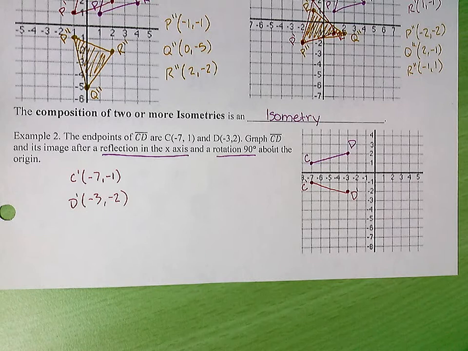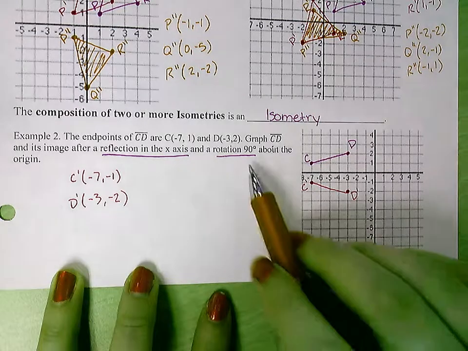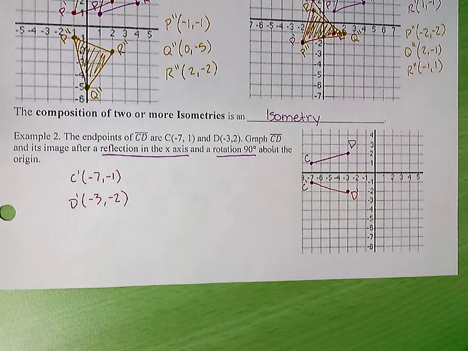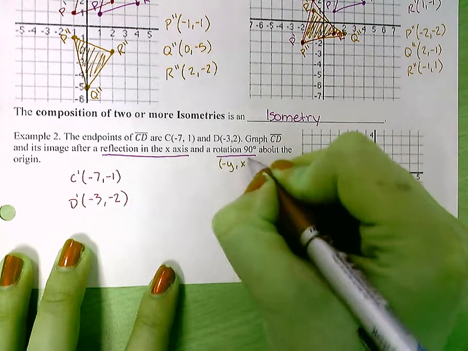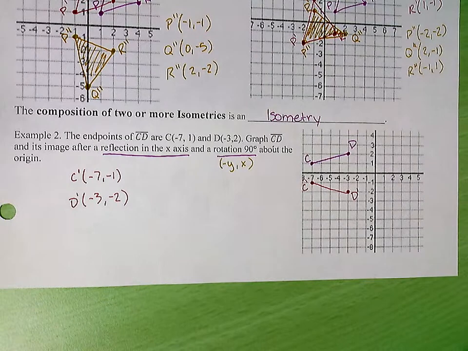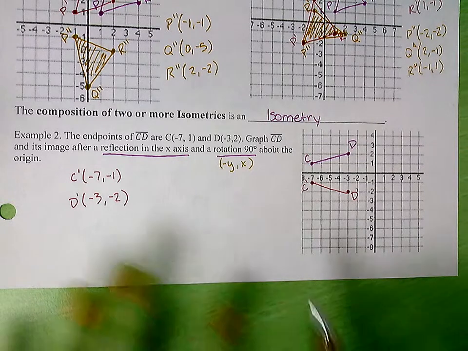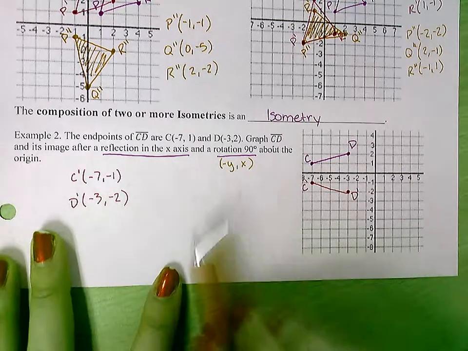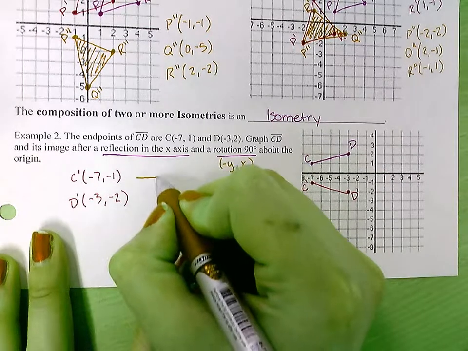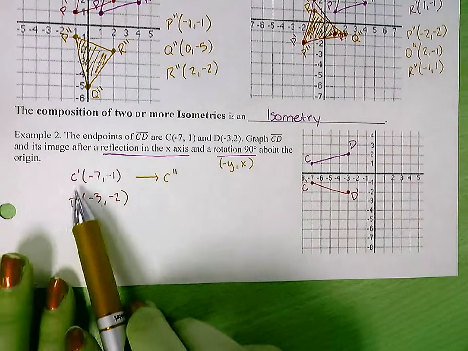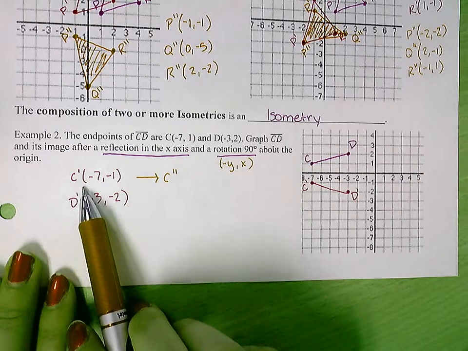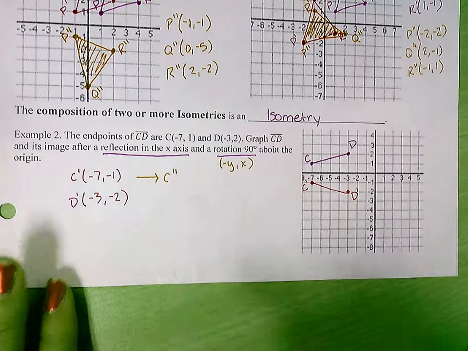Our next step is this rotation of 90 degrees. That rule is opposite of y, x. This is our rotation rules that we went over a few days ago. Opposite of y, x. So now to change each of these to those double prime coordinates, I want to use the coordinates I just found for this next part.